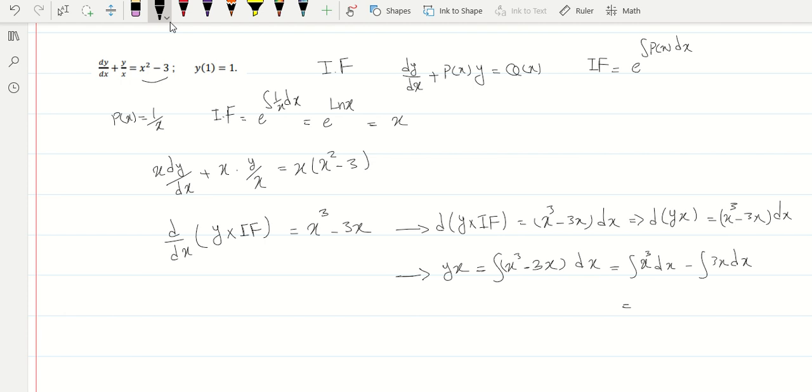So the first one would be x to the 4 divided by 4. The second one would be minus 3x squared divided by 2. And when we calculate the integrals, we need to add a constant as well. And also I'm just going to write the left hand side of the equation, which was yx.